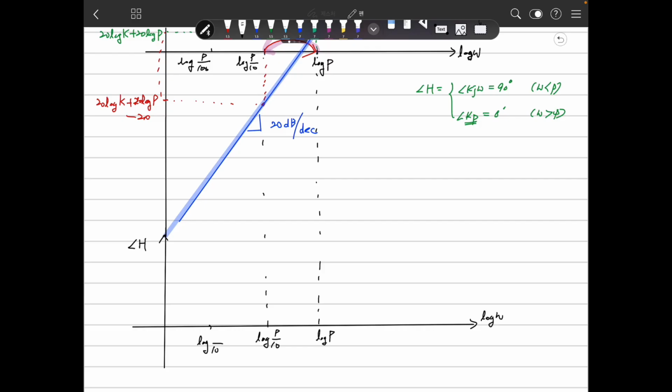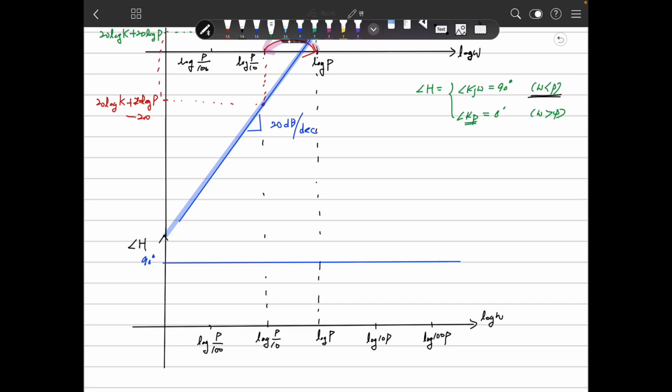This is log p over 100. There will be log 10p. There will be log 100p. Then we can say when omega is very small compared to p, the phase angle is 90 degrees. Therefore, this is 90 degrees.